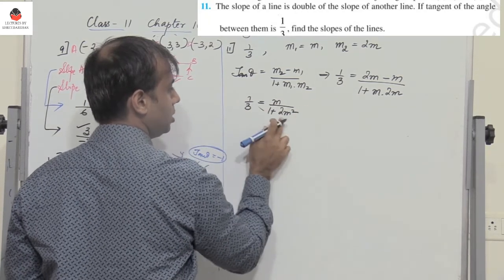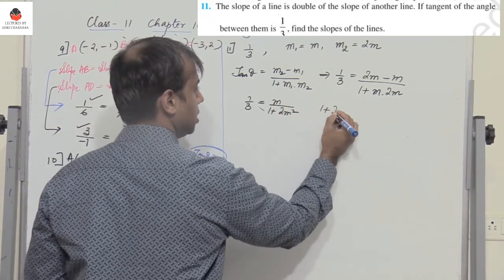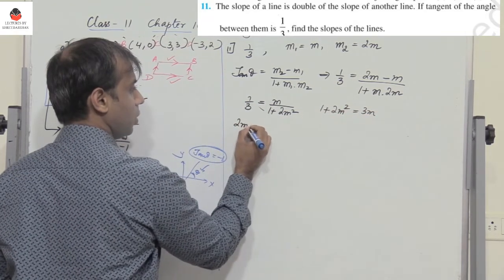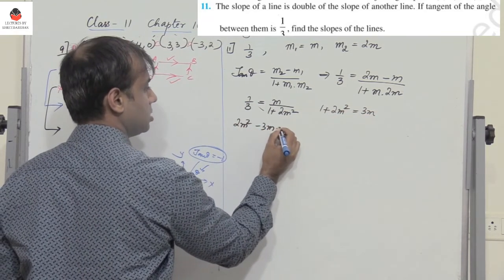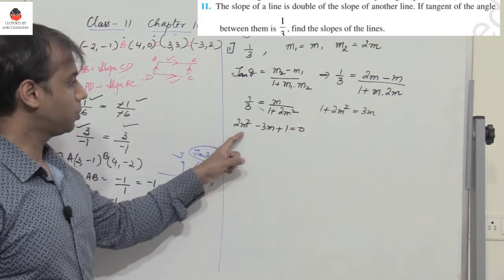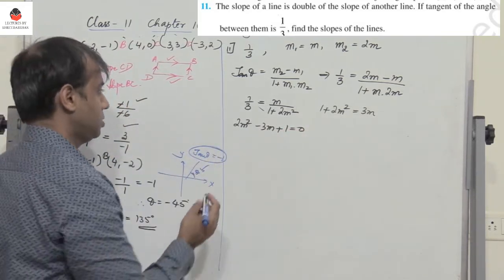Cross multiply: 1 + 2m squared equals 3m, or 2m squared - 3m + 1 = 0. Split the middle term: the product is 2, the sum is -3, very easy.